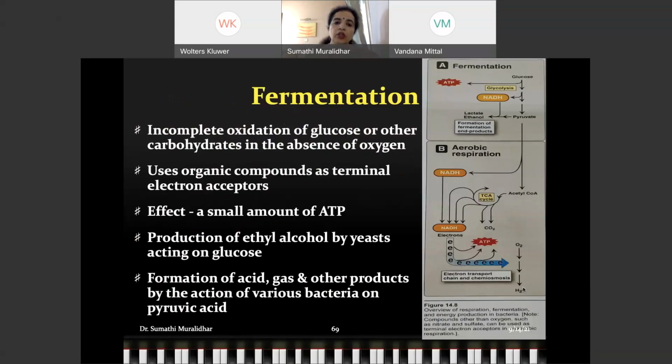So fermentation, which happens in most bacteria, is incomplete oxidation of glucose or other carbohydrates in the absence of oxygen. And it uses organic compounds as the terminal electron acceptors, and only a small amount of ATP is produced. And there's formation of acid, gas, and other products by action of various bacteria on pyruvic acid.